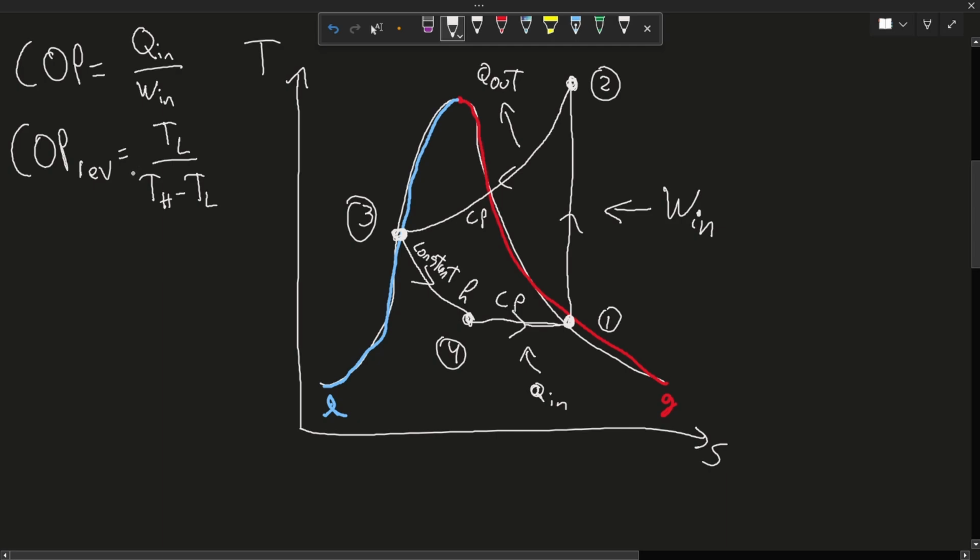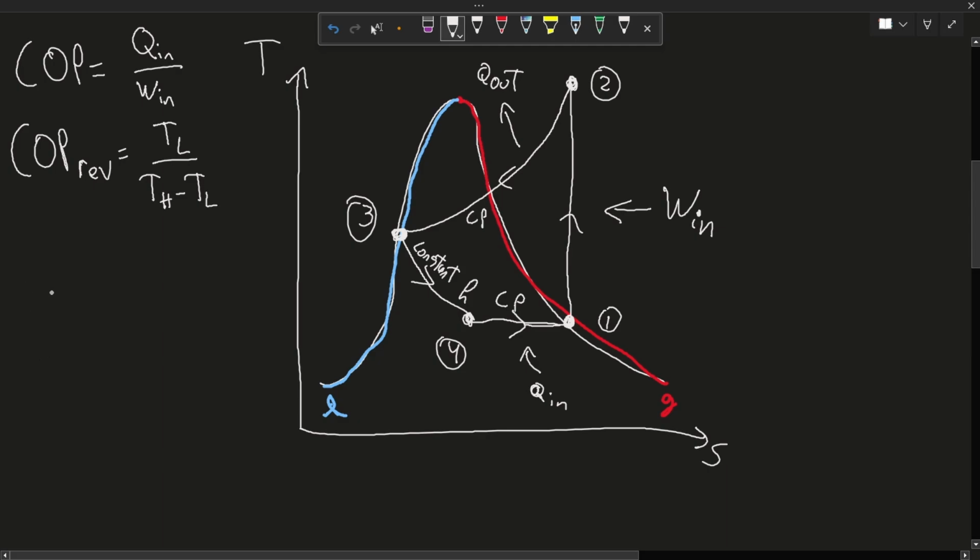No friction, no enthalpy change, nothing. Whenever they're asking you for the COP reversible, the problem states that there are 2 reservoirs, and it's going to ask you to measure how efficient the system is for these 2 reservoirs. TL is the temperature of the reservoir with the lower temperature, and TH is the hotter reservoir.